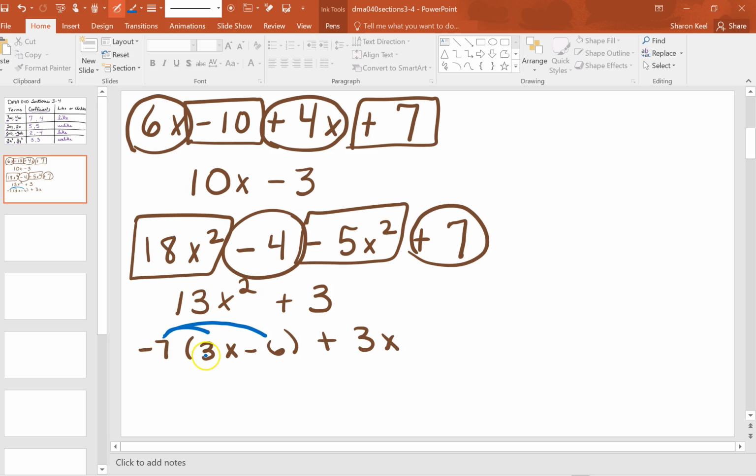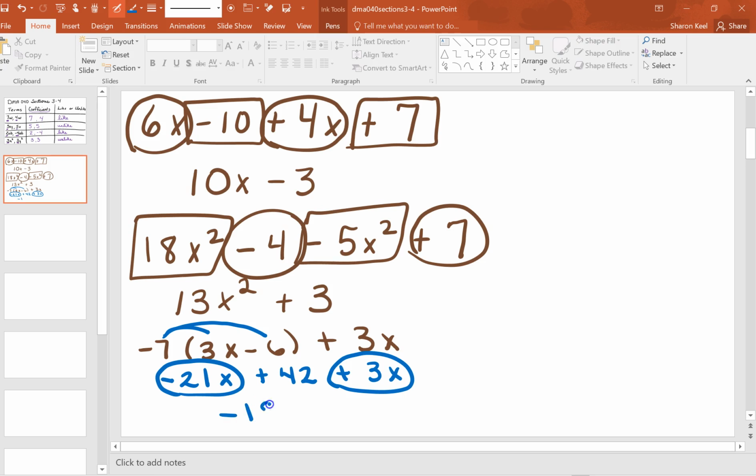So -7 times 3x gives me -21x. -7 times -6 gives me a +42 plus 3x. Now I need to combine like terms. So I have negative 21 plus 3, and that leaves me with negative 18x. There is nothing else. This is left alone, so I bring down my plus 42.